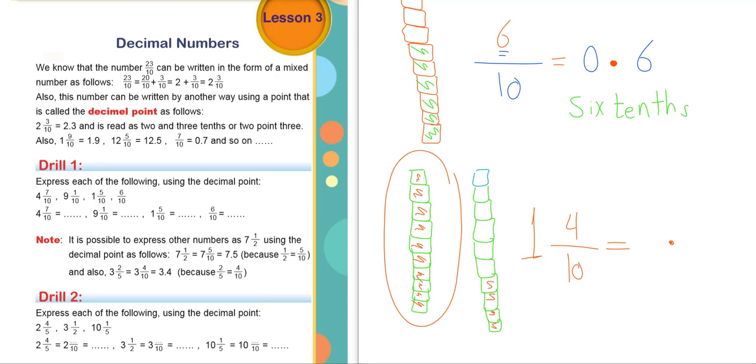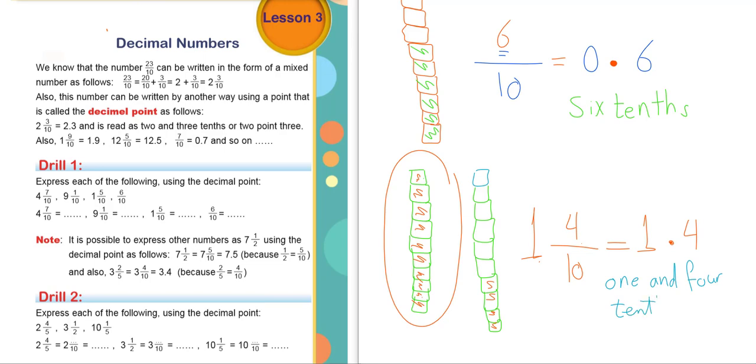Here we have in the numerator 4, so put 4. Then in the whole number we have 1. And this number is called 1 and 4/10, 1 and 4 tenths.